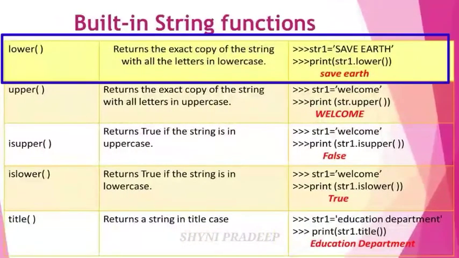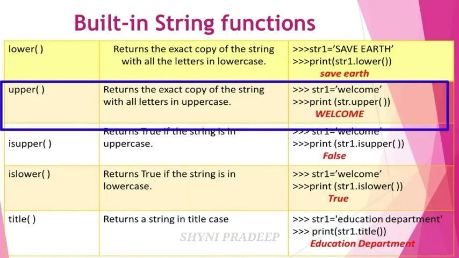And next the lower function. Lower means what? Lower case. Okay, it returns an exact copy of the string with all the letters in lower case. Here str1 is equal to "SAVE EARTH", given in uppercase letters. When you apply the lower function, all the uppercase letters will be printed as lowercase letters. Okay, and what do you mean by the upper function?